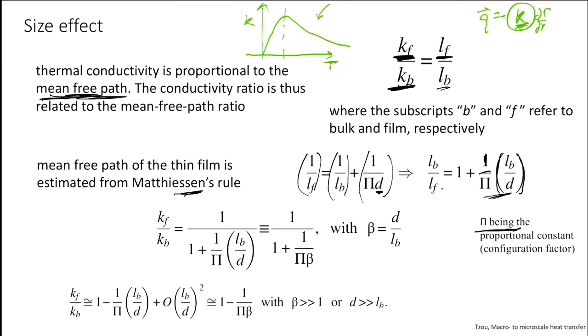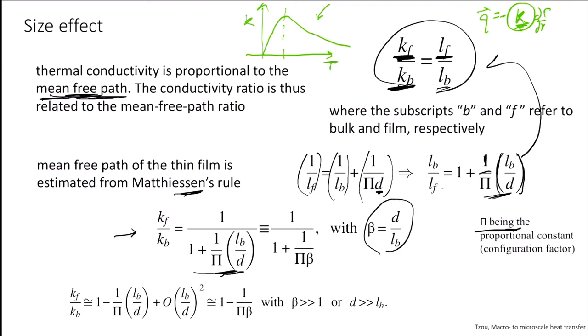And then KF by KB you could write if you substitute this back into this equation. So you could write KF by KB equal to 1 over 1 plus pi LB by d. Beta you could assume d over LB, so it would come out in this form. If d is much larger than LB, or beta is much greater than 1, we could just write KF by KB equal to 1 minus, in this form.